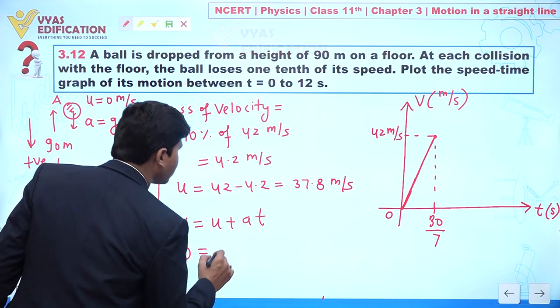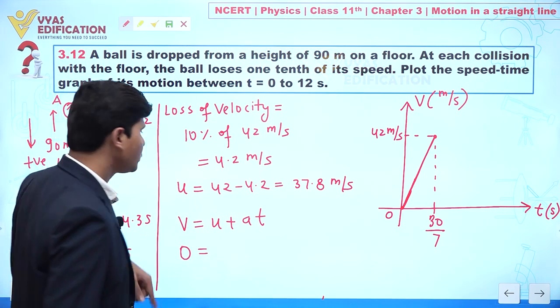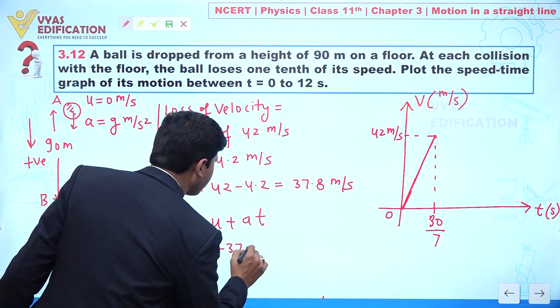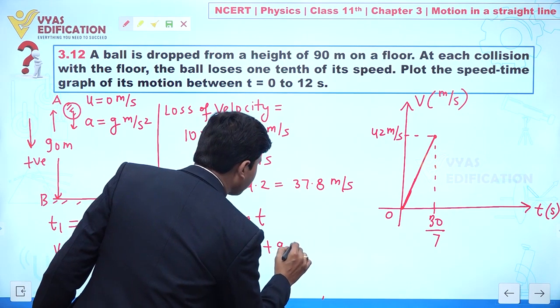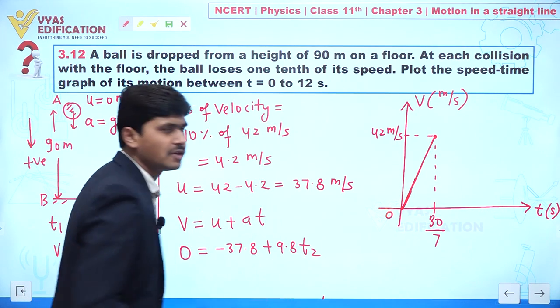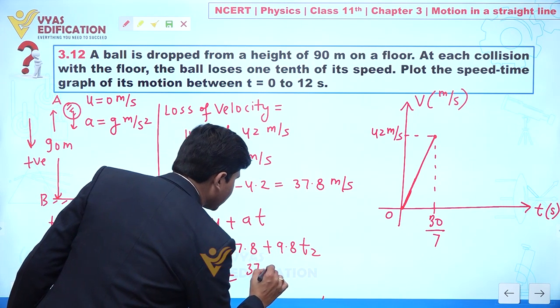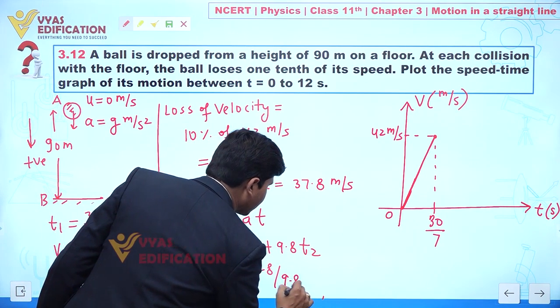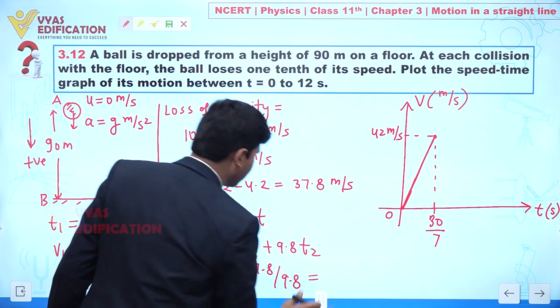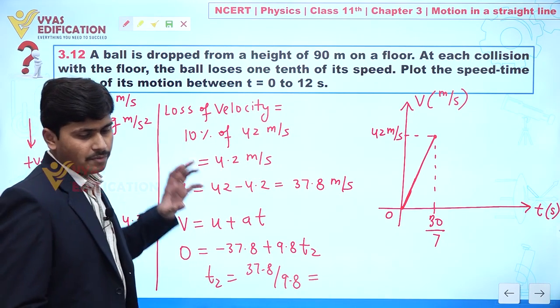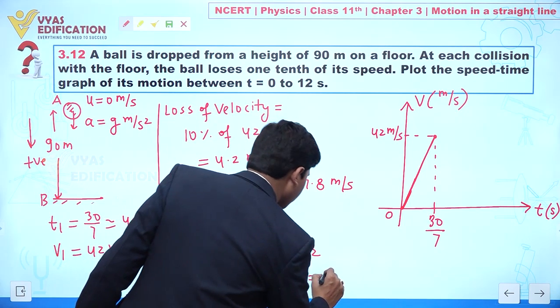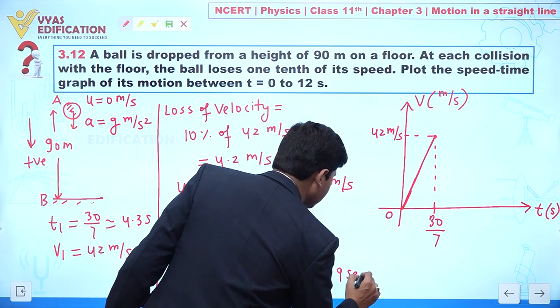Taking downward direction positive, 0 is minus 37.8 plus 9.8 multiplied by T2. So T2 is 37.8 divided by 9.8, and approximately you will find 3.9 second.